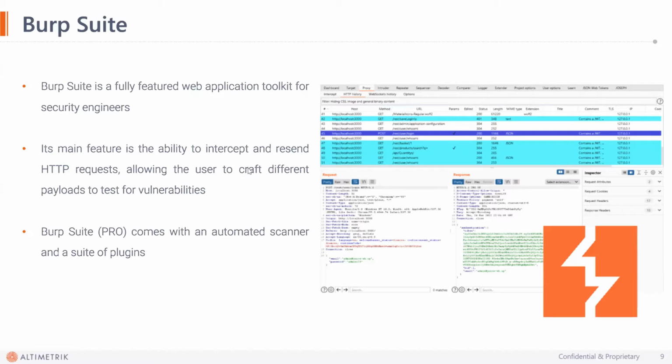One of the main features is the ability to intercept and resend HTTP requests, allowing users to craft different payloads to test for vulnerabilities. Burp Suite also comes with an automated scanner and a suite of plugins, which is great. It can actually automate certain things for you.